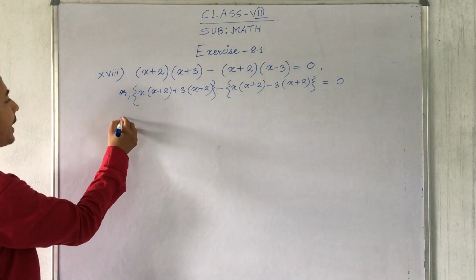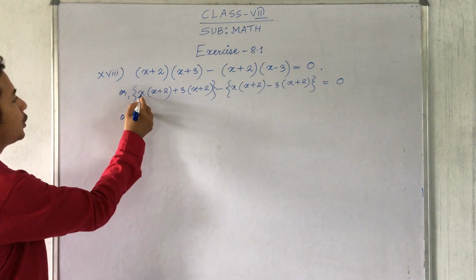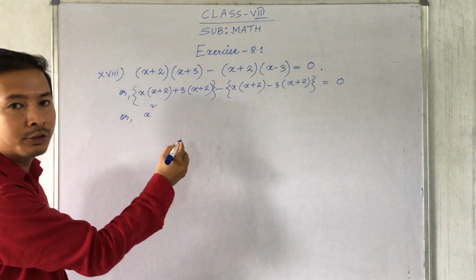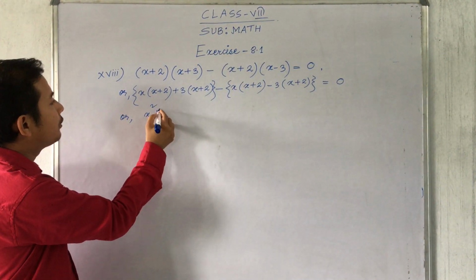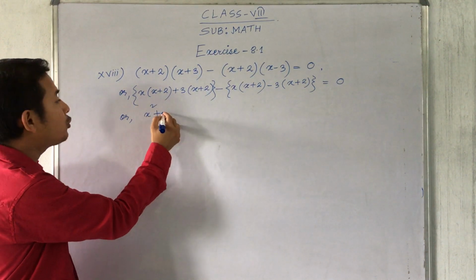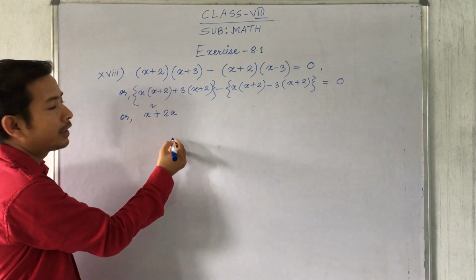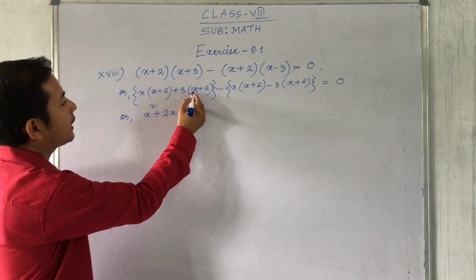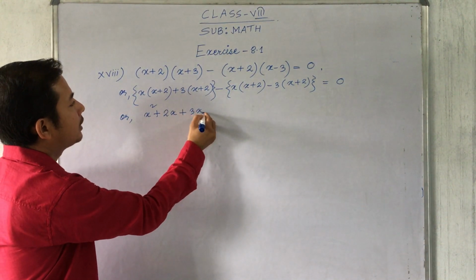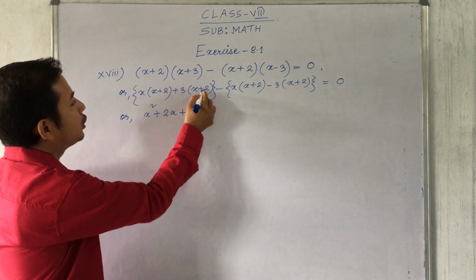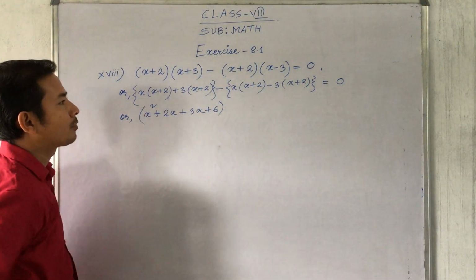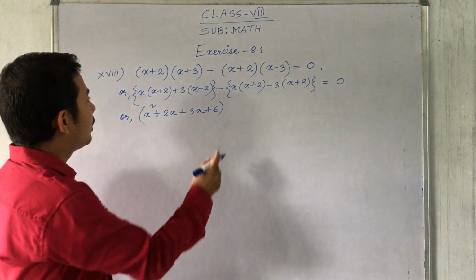So now finally I am going to multiply directly. If you multiply x and x, it will be x square. Understood? And then if you multiply 2 by x, it will be 2x. Again, plus 3 and x, if you multiply, it will be 3x. And plus 2 times 3 is 6. Understood?